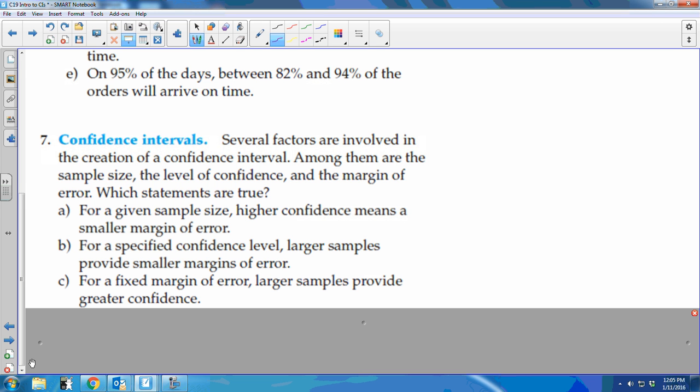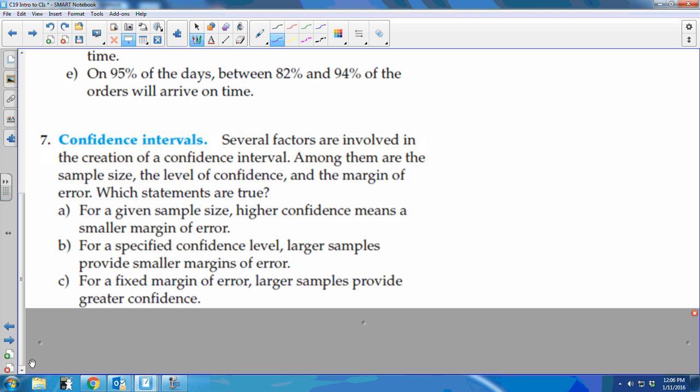Right. Yes. And then C, for a fixed margin of error. So let's say that what we're doing is plus or minus 4%, right? Larger samples provide greater confidence. So if you stick the margin of error, we'll see this more tomorrow with the formula, so I just want to see if you can think through it now. If you stick the margin of error at plus or minus 4%, that's what it's going to be. Larger samples provide greater confidence.